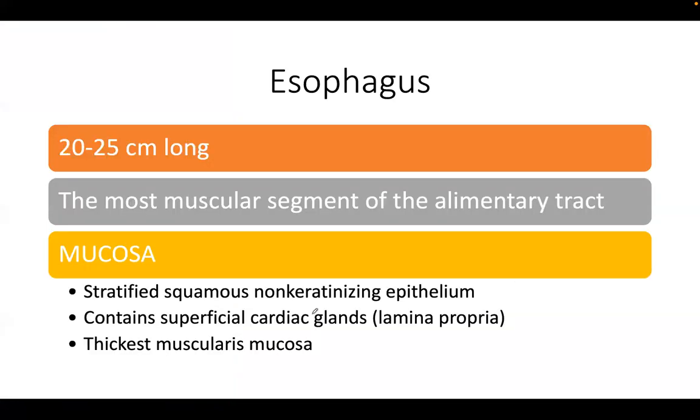So what are the basic characteristics that we should remember? Number one, it's roughly about 20 to 25 centimeters long. It is the most muscular segment of the entire alimentary tract. The alimentary tract begins with the mouth.